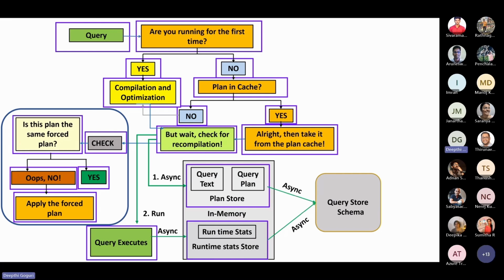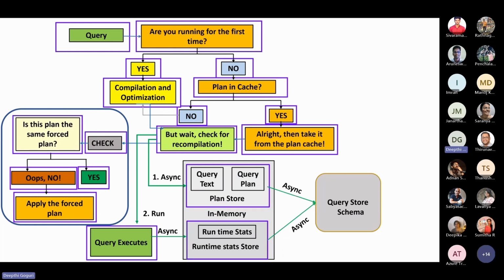This process also happens asynchronously, but one thing you have to remember is that once all of this information is captured in these memories, there is a time limit that you can set, after which all this query text, query plan, and runtime stats will be pushed into the query store schema. That is known as the interval.